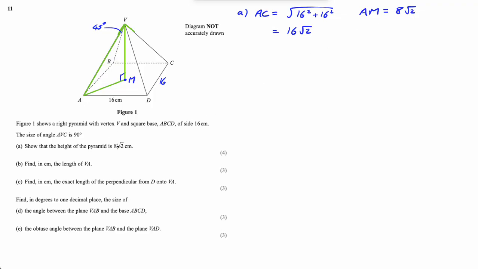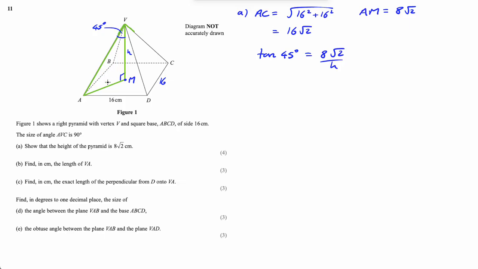Now we're trying to show the height is 8 root 2. Well, we know this angle is 45, so let's call the height H. So I can say the tan of 45 degrees is equal to 8 root 2 over H, because that's our opposite of this angle.